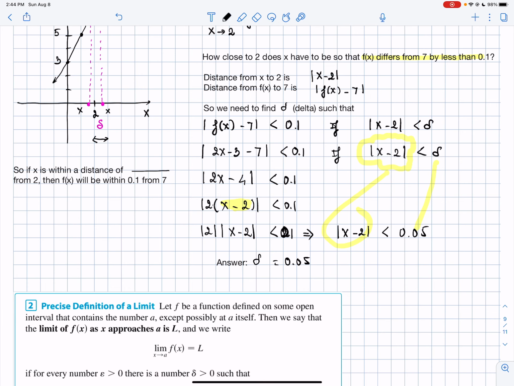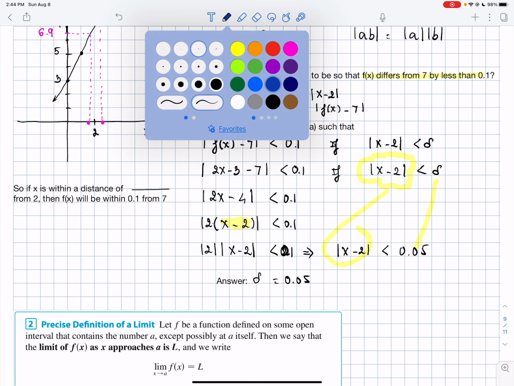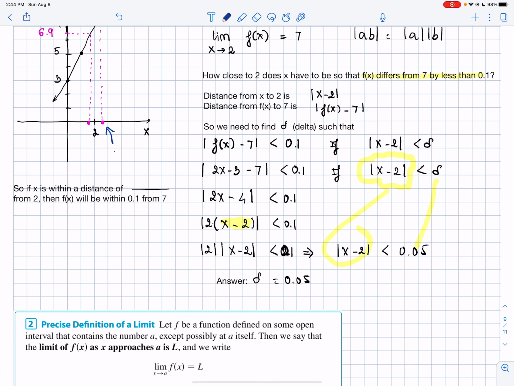So let's go to the graph, and what it means is that if we go 0.05 to the right, this point right here will be 2 plus 0.05, and that will be 2.05. And on the left side, if we go 0.05 to the left, you will do 2 minus 0.05, and the answer is 1.95.